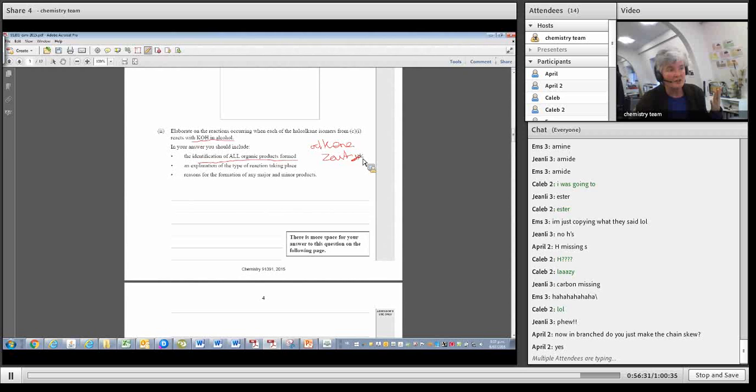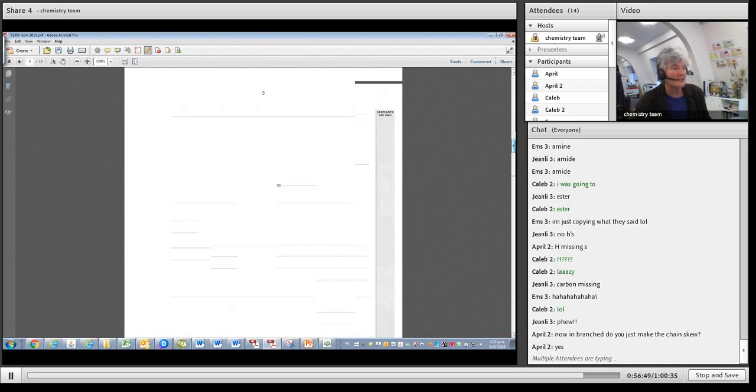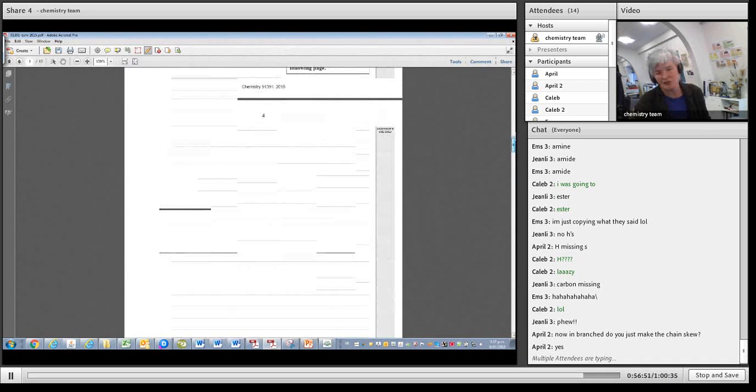So you think of major and minor, but please also think of cis and trans. If you're going to form an alkene that can form geometric isomers, mention those as well. So don't just think of major and minor product. Okay, so they give you lots of space, so they know that you've got to do lots of writing.